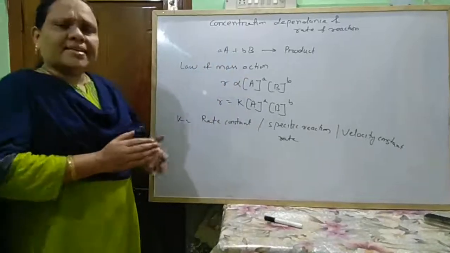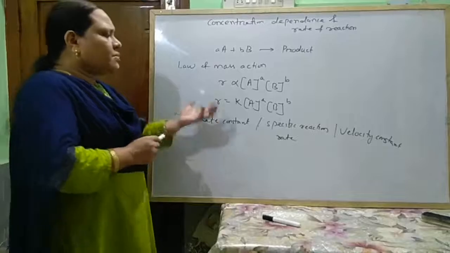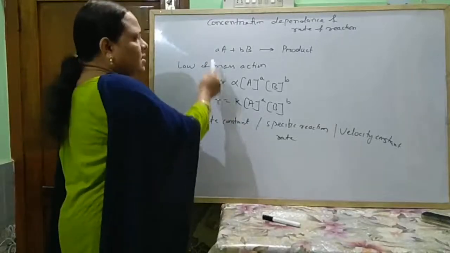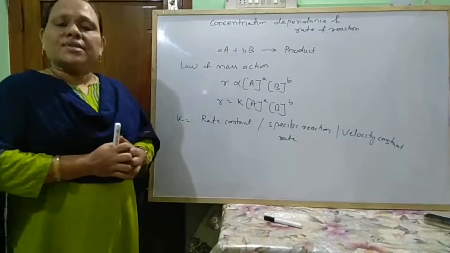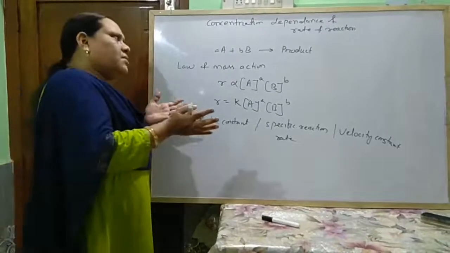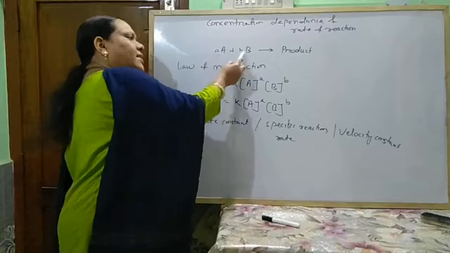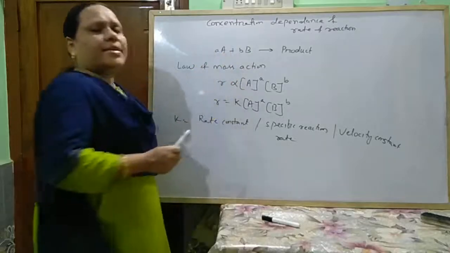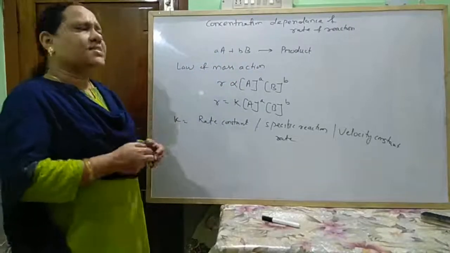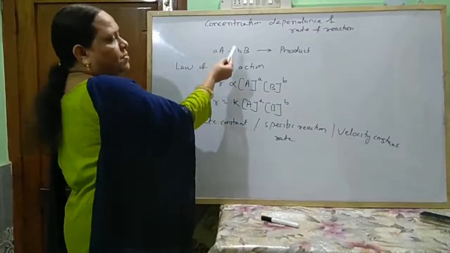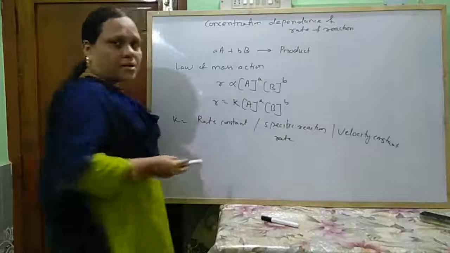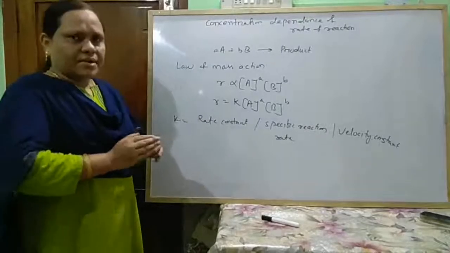In some cases a number of A and b number of B do not react to give the product. In some cases they totally react, a number of A and b number of B react to give the product, and in some cases fewer, suppose m number of A and n number of B actually give the product. So this is actually a practical phenomenon.